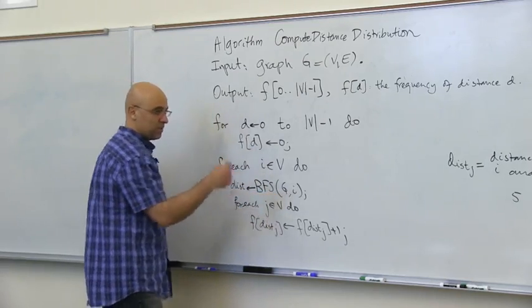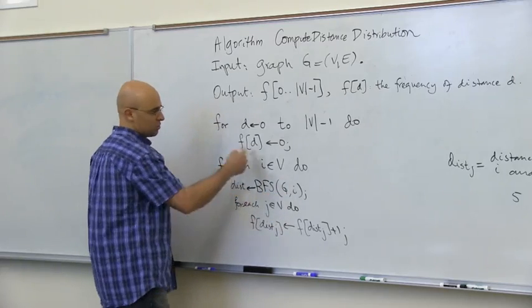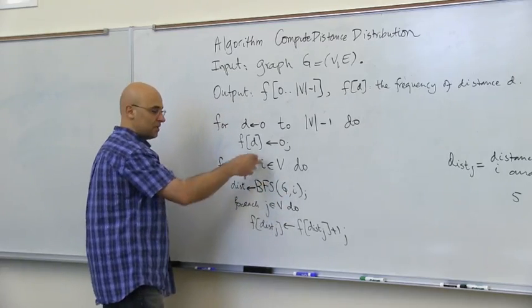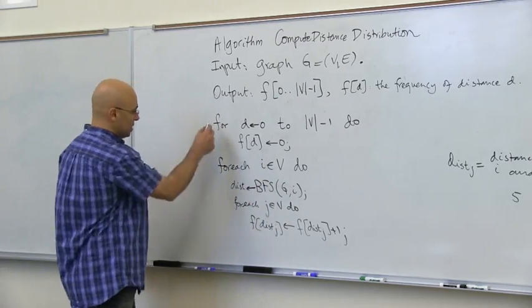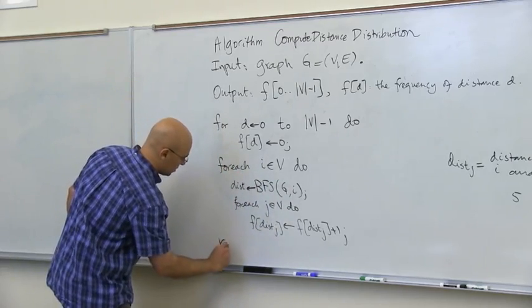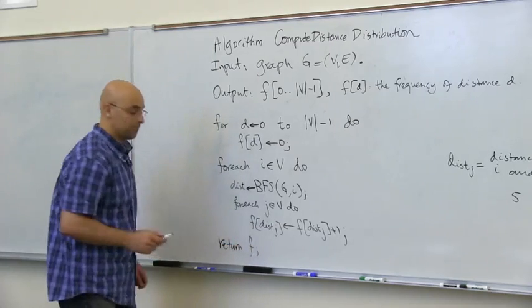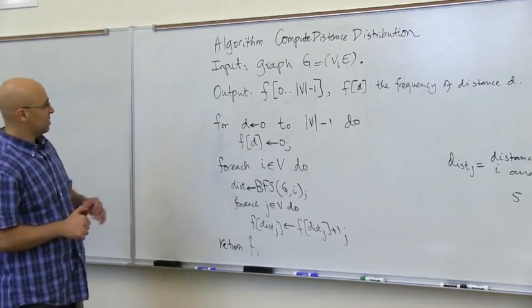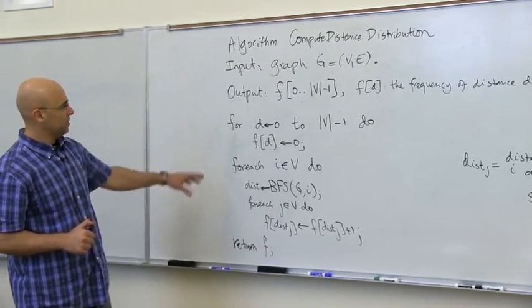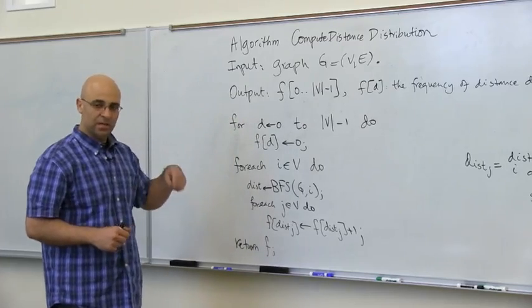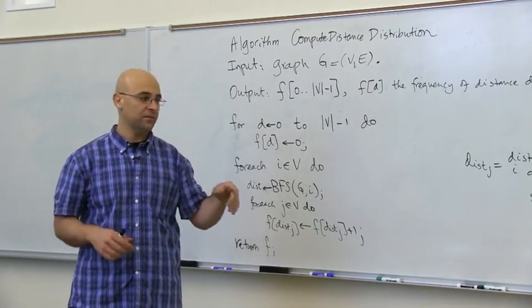Now once we are done with the first node I, then we go to another node and do the same thing. Another node, we do the same thing. Once I'm done here, I can return f.